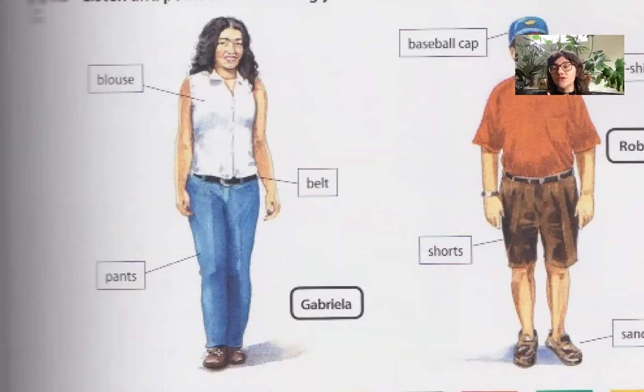A blouse is usually what we use to talk about a shirt that is nicer, more nice than a t-shirt. It's something you can wear if you work in an office, right? If you have a job that says business casual, right? Usually you need to wear some sort of dress shirt, a blouse, right? And then we have pants.